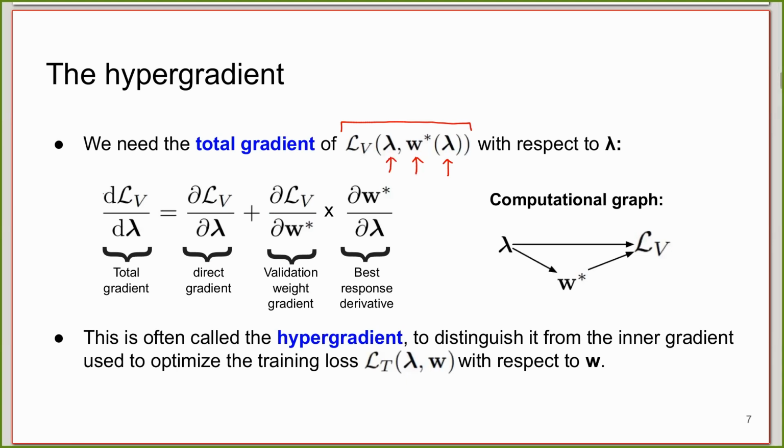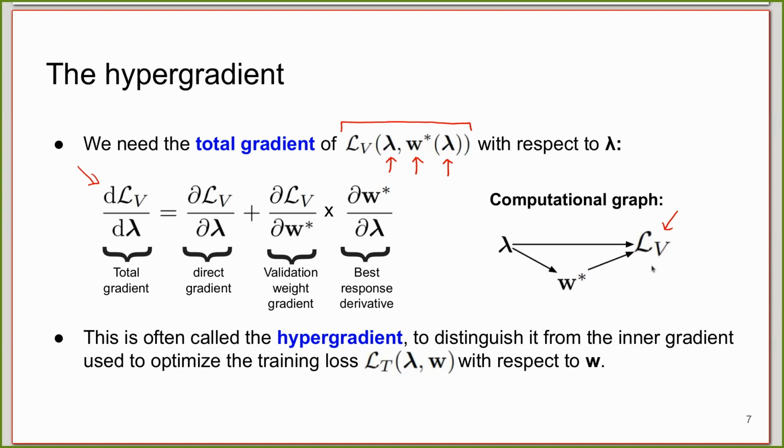Okay, so we are interested in this total gradient, and now the validation loss is obtained as a function of lambda in two ways, as we show in this computational graph. So through lambda, you optimize the weights on the training set, and you get W star, and W star obviously depends on lambda, but there could be that lambda also affects the validation loss in some way.